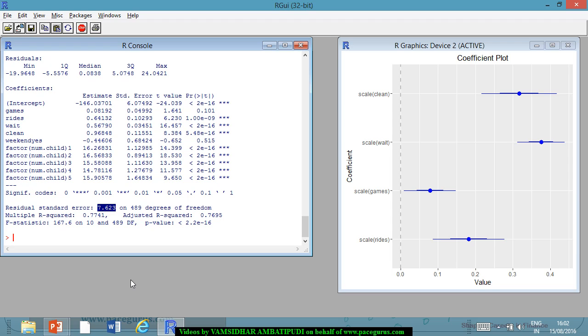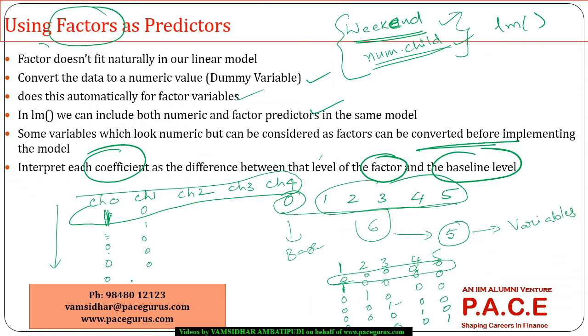So we were able to improve the model. We were able to reduce the residual error. We were able to increase the R squared and the adjusted R squared. That is where there is a good level of improvement that we are able to do with respect to this particular model. So that's one kind of improvement, right?